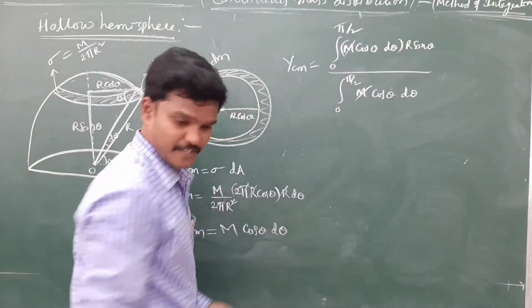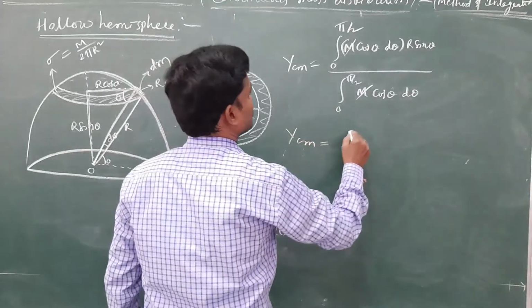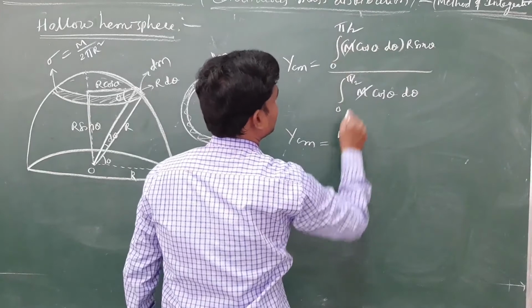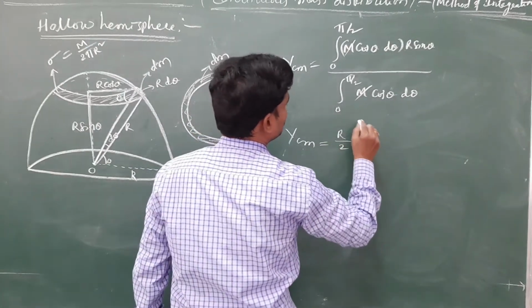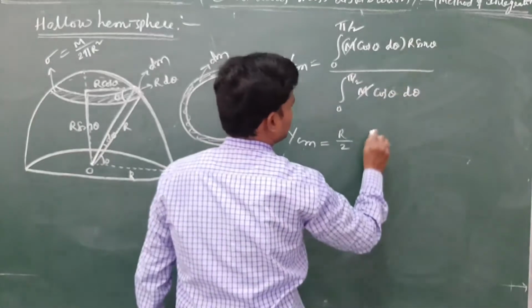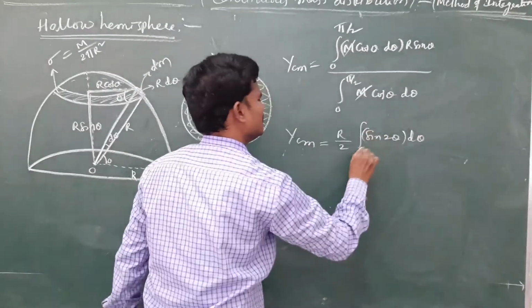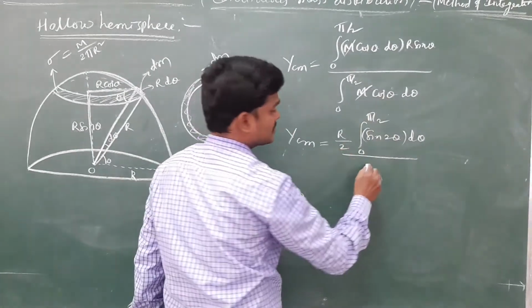So 0 to pi by 2 cos theta sin theta, and you take r outside and multiply by 2 and divide by 2. So 2 sin theta cos theta is sin 2 theta d theta, 0 to pi by 2, and the integral of cos theta is minus sin theta.